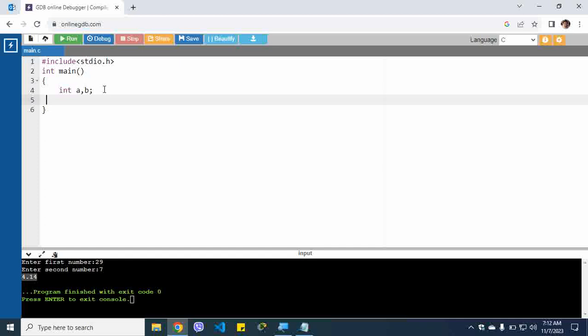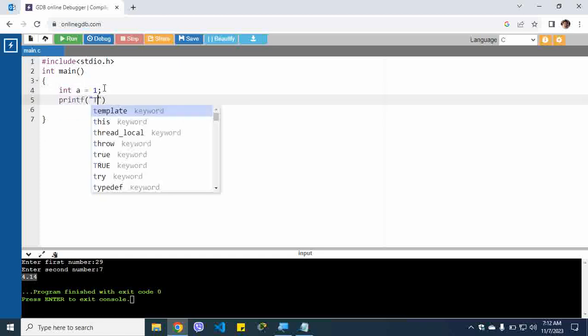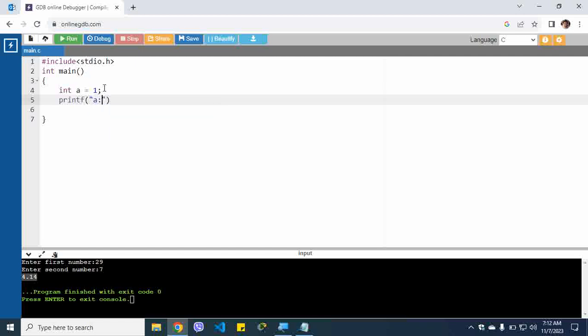So that means, for example, simply we can keep 1, and see the value of A. Let's not go that much in depth.